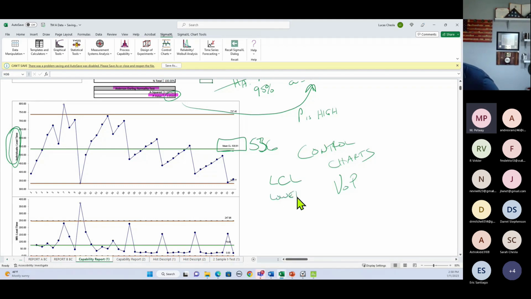So lower control limit, and this is called the upper control limit, hence the control chart. These numbers here are +3 standard deviations from the mean and -3 standard deviations from the mean.